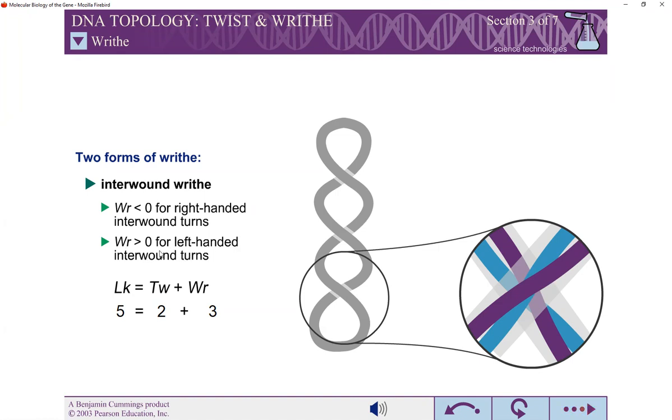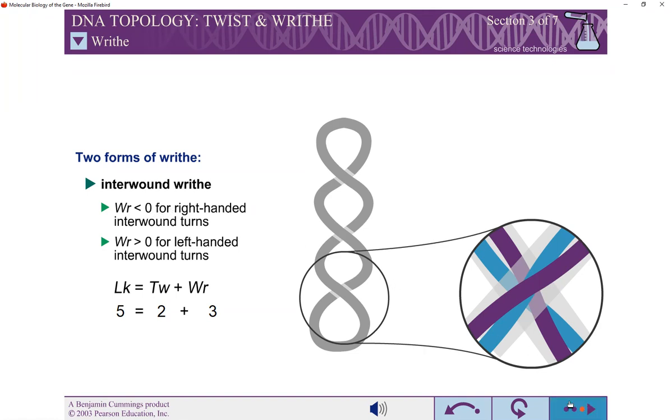And so the value of writhe is always positive for right-handed supercoiling. When the value of writhe is greater than 0, it is referred to as a left-handed interwound turn. The writhe value is going to increase and the twist value is going to decrease. When the writhe value decreases for a right-handed interwound turn, that means the DNA is relaxing, and the twist number is going to increase.